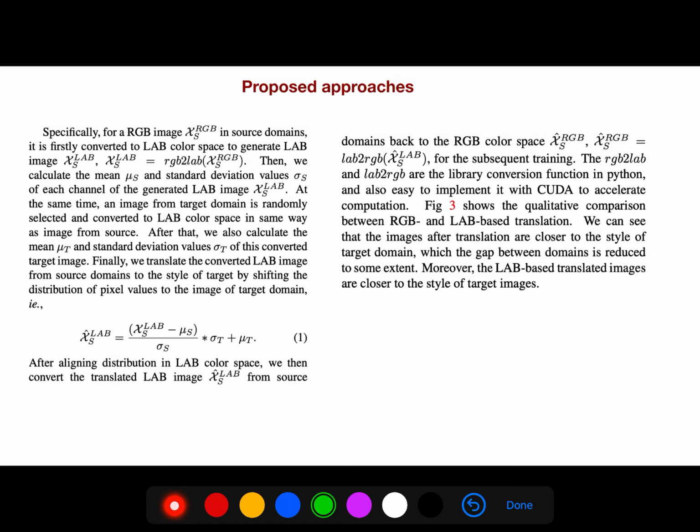Because we have the mean and the standard deviation of this converted target image, we can do this translation. After aligning distributions, we then convert the translated image from source domain back to RGB color space.